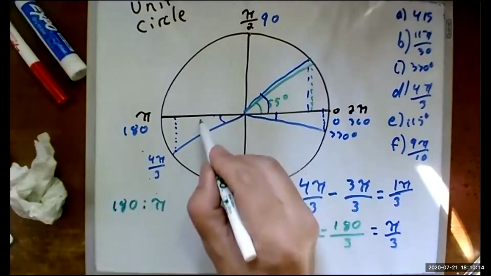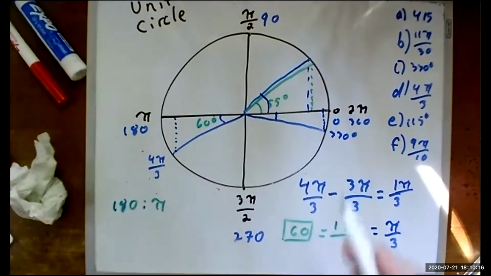And because this is my 60 degrees here, I also have to remember that I'm going to be in quadrant 3.